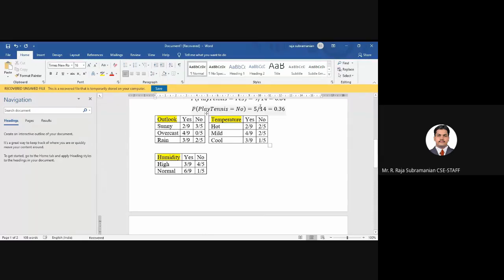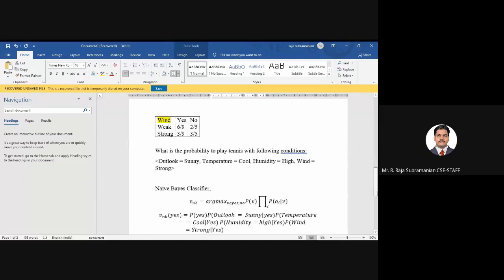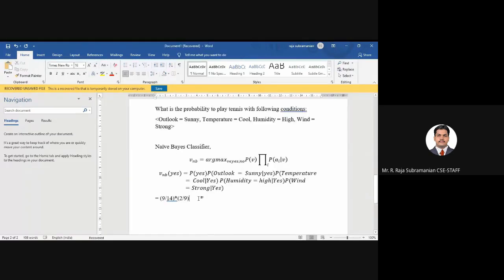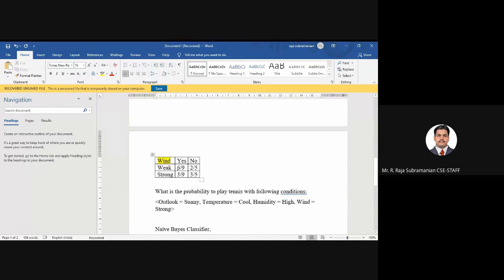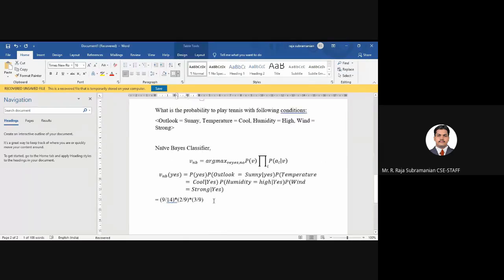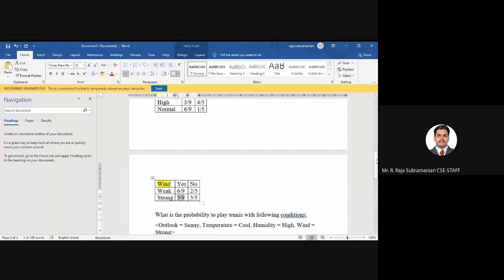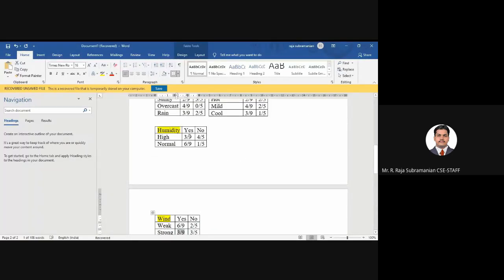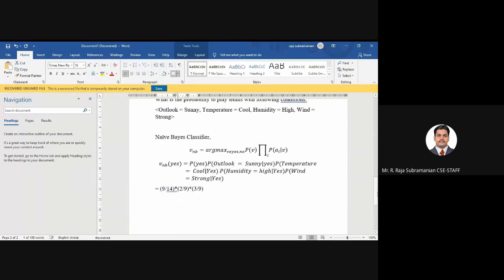For temperature cool to be yes, I have 3/9. And wind is equal to strong given S. I have the wind here. For strong, it will be 3/9. Humidity we missed, right? Humidity to be high and S is 3/9 again. So this is 3/9 into 3/9.